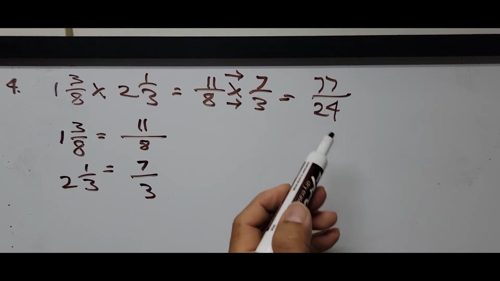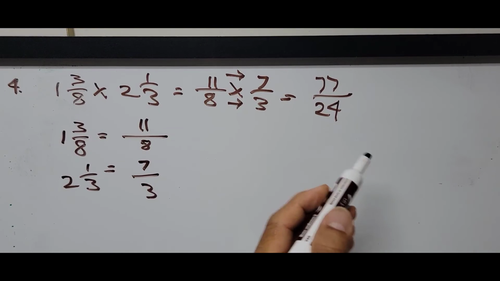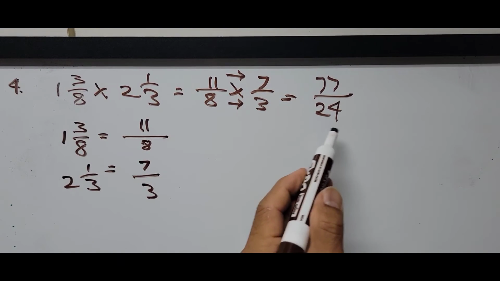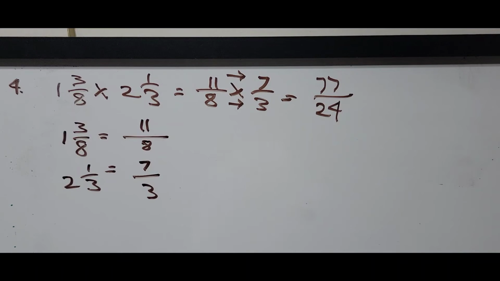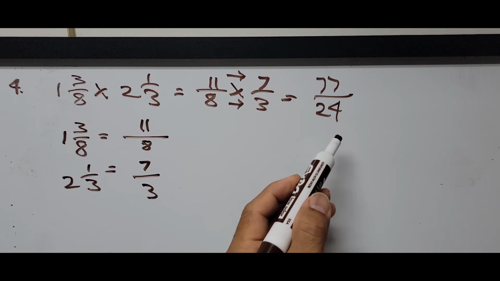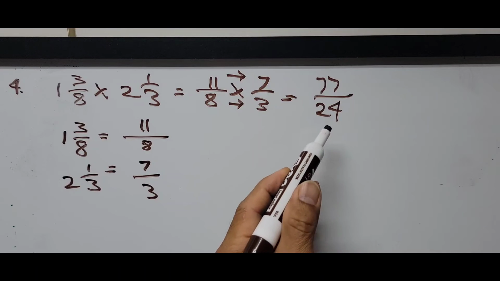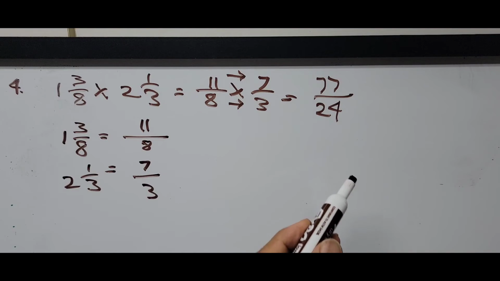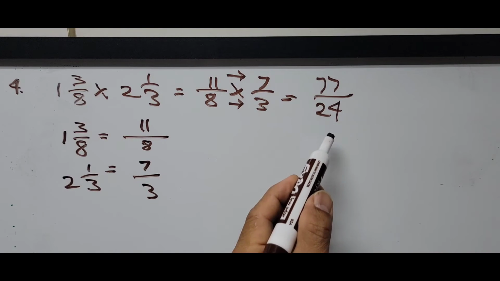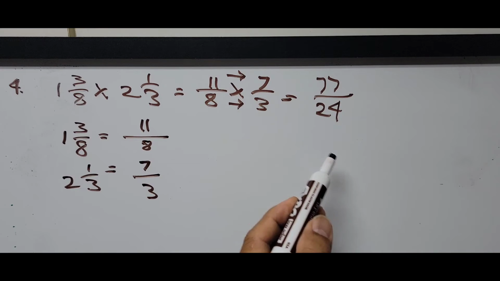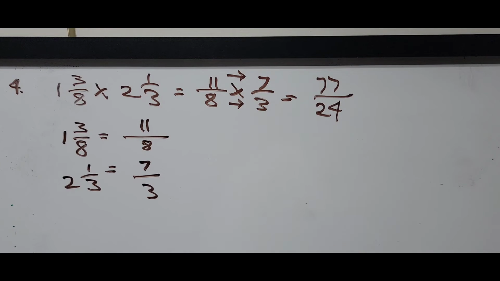Now, 77 over 24 already, we can tell that this can be our answer now. But if needed, we can still convert it back to a mixed number. Since this is already an improper fraction, we have to convert back into a mixed number.